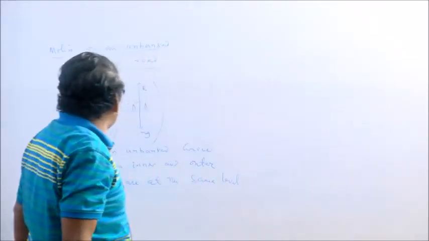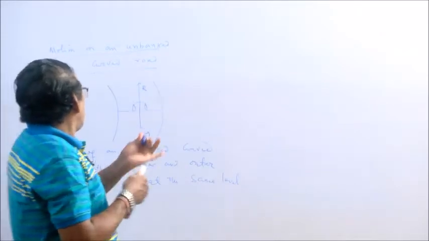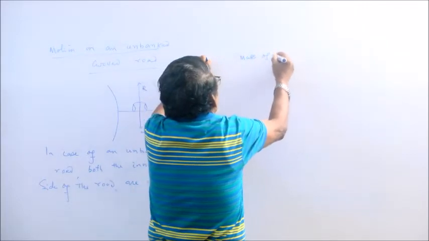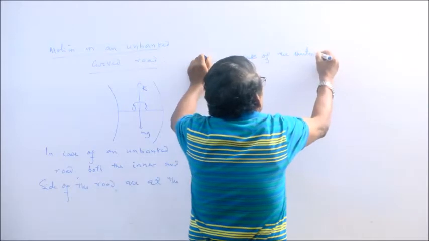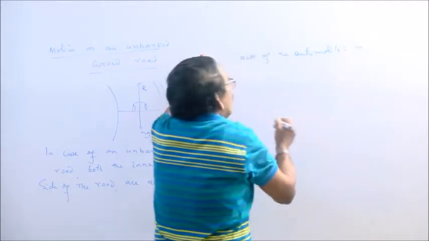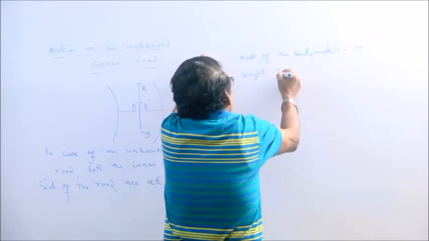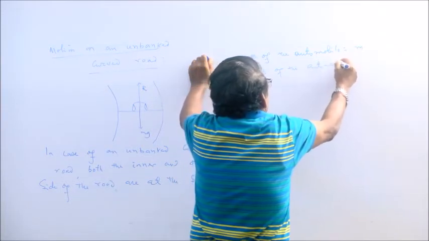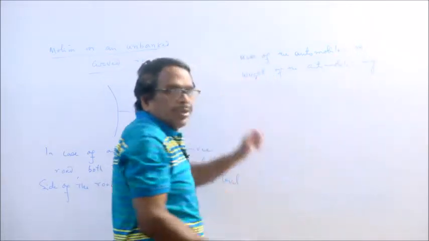Now, suppose the road is here. Suppose the mass of the automobile is equal to m. So, what is the weight of the automobile? Weight of the automobile is mg.